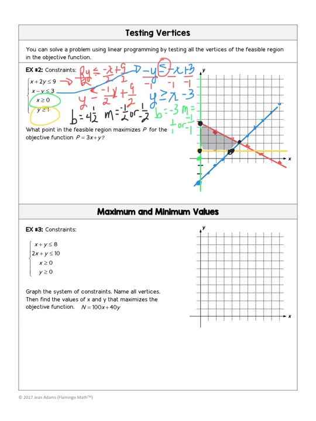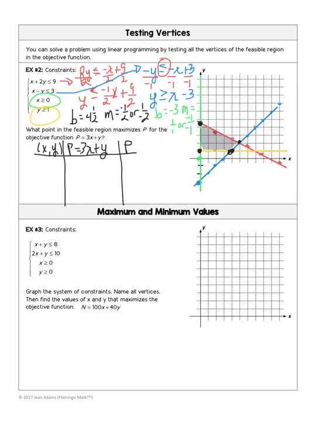So now I want to find those vertices. So I'm going to create a table of values. So I've got x, y, and then I have p equals 3x plus y. That's going to give us our p, our profit, probably is what that means.